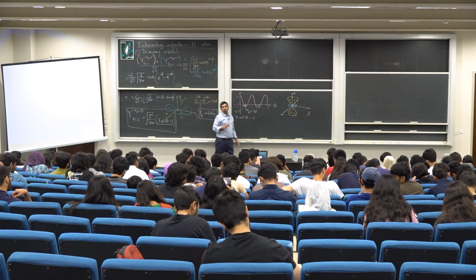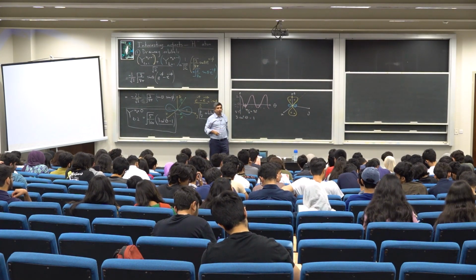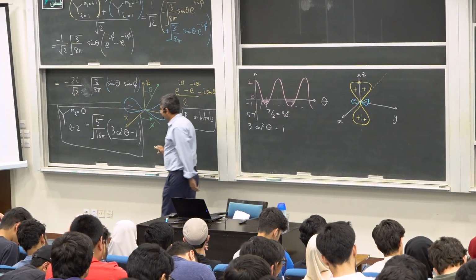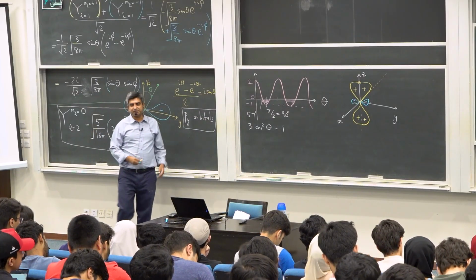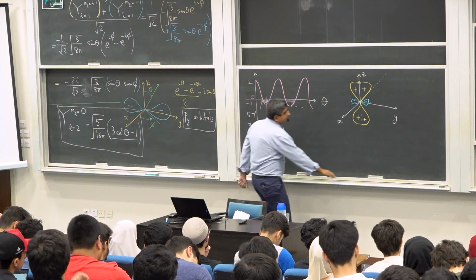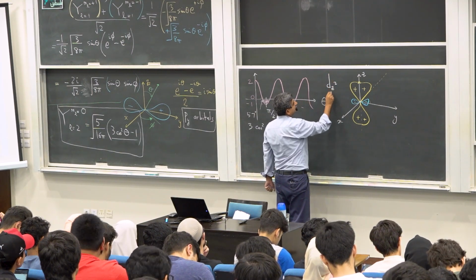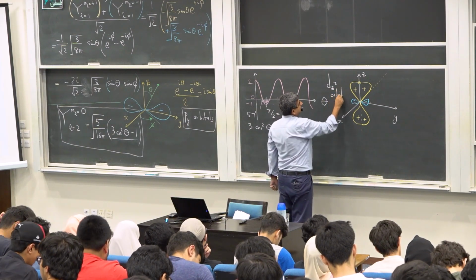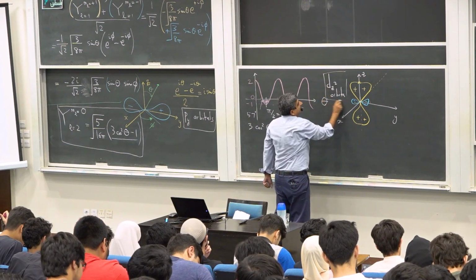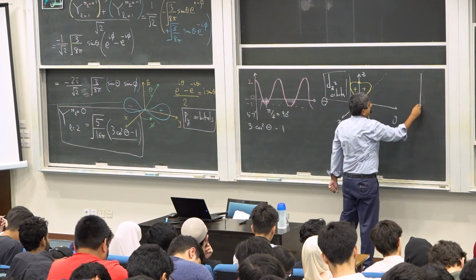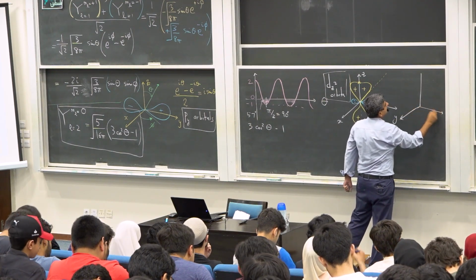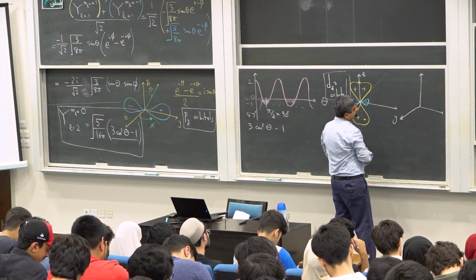Let me finish. So this is a graph of this orbital. Chemists like to call this orbital a d z square orbital. And if they were to plot this in 3 dimensions in a more realistic fashion, this is what they would normally draw.